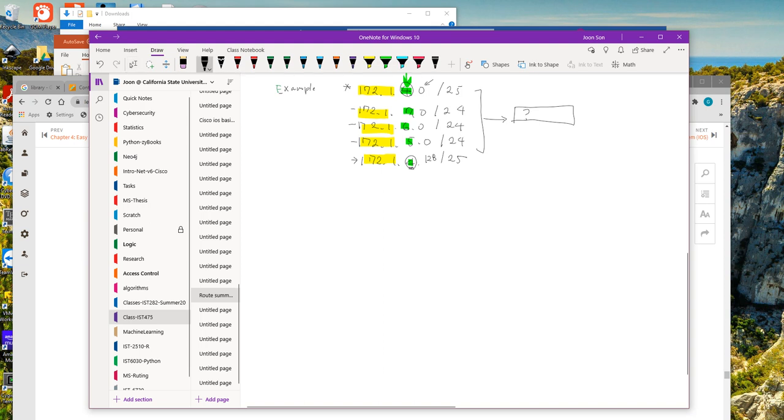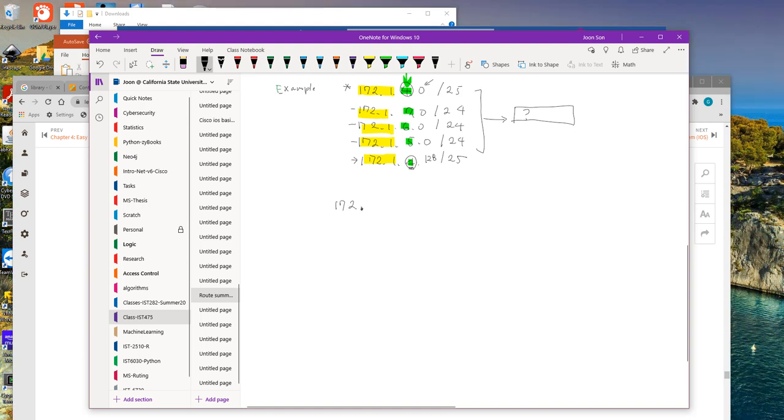The smallest is 172.1.4.0. The next one is 172.1.4.128. So I think this is also a change; I guess we have to also change this to binary, but we'll see.